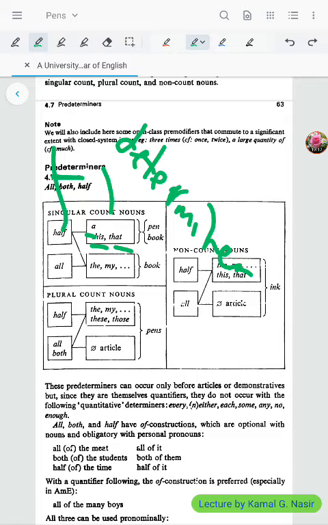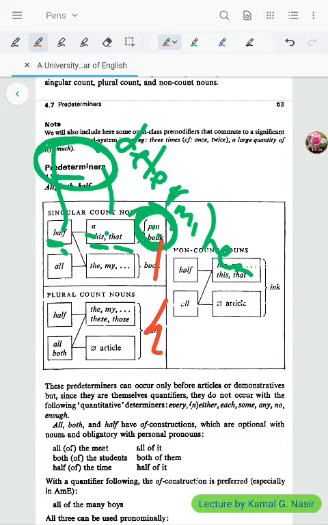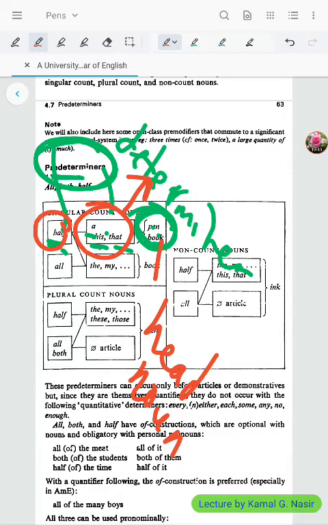What is before the determiner is the predeterminer. So we say half a pen, half this pen, half that pen, half that book. Book here we call the head noun. A, this and that are determiners, and half is the predeterminer.